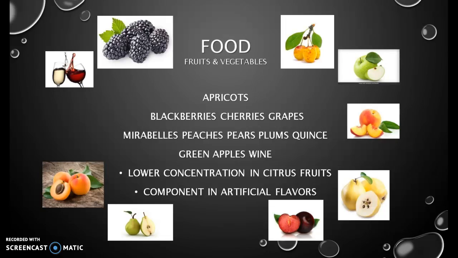So for foods, it's found mostly in fruits: apricots, blueberries, cherries, grapes, peaches, plums. There are a couple on here that I didn't know what they were, but they're pictured somewhere on here.